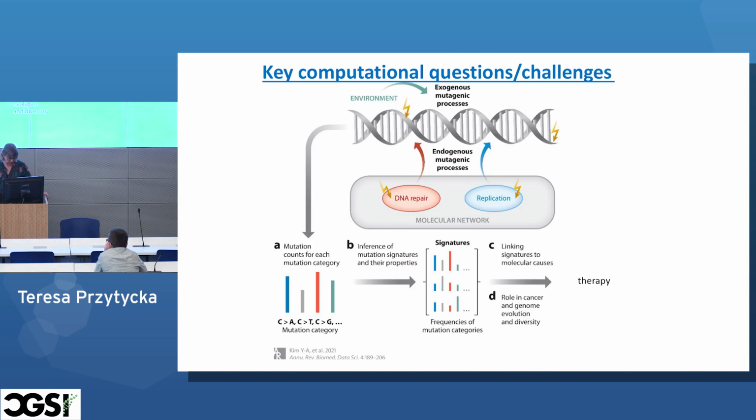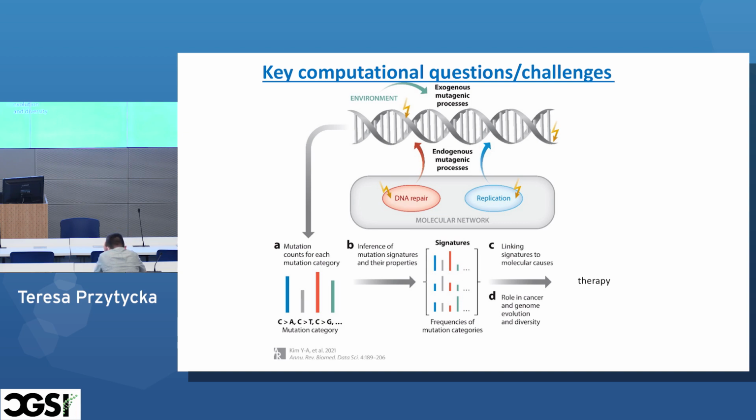So here is a general overview of the computational problems that we have. Sorry, I don't have a pointer, which makes it a little bit difficult, but let me deal with it. Basically, we have mutations that are caused either by problems with DNA repair or by the environment. What we have to do is define the mutation categories. I showed you one example, but that's an open question: what are the most beneficial categories? Then we need to computationally identify those mutational signatures.